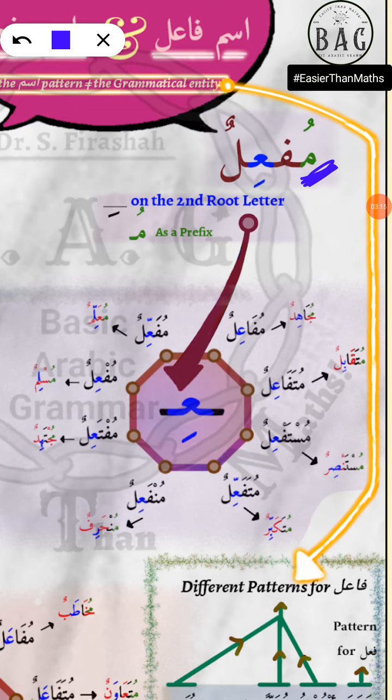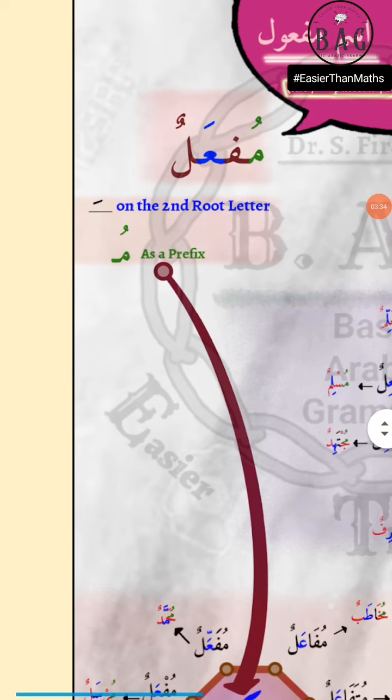Now, how do you differentiate between the two? If the second root letter carries a kasra or a zair, okay, it means that it is actually your ism fa'il. Otherwise, it is going to be an ism maf'ul.